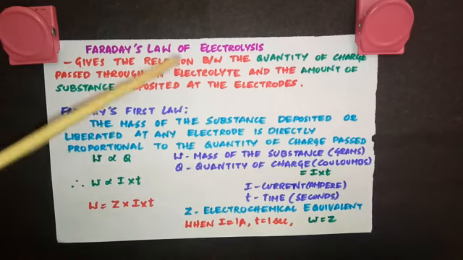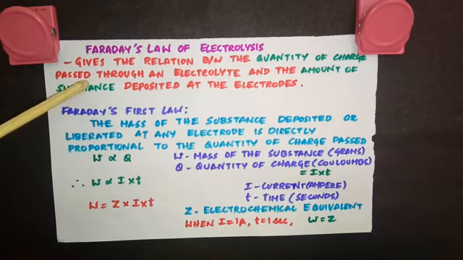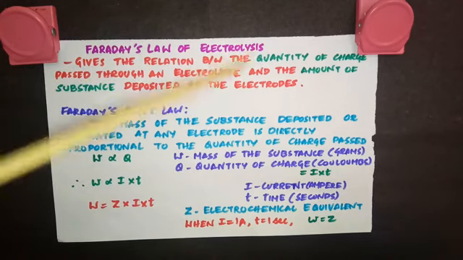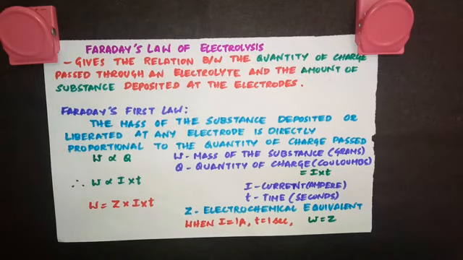It gives the relationship between the quantity of charge passed through an electrolyte and the amount of substance deposited at the electrodes. Because when you pass electric current, the ions migrate to the oppositely charged electrodes, get oxidized at the anode and reduced at the cathode, and are deposited as neutral species. So the quantity of charge which we pass has a relationship with the amount of substance deposited at the electrode.